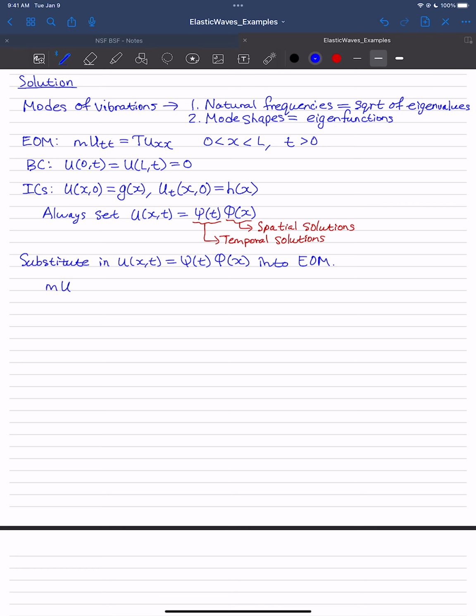So we'll get u sub tt equal to psi double dot times phi, and the dots here represent derivatives with respect to time only, not with respect to space. And then u sub xx is equal to psi times phi double prime. So the primes represent derivatives with respect to space only.